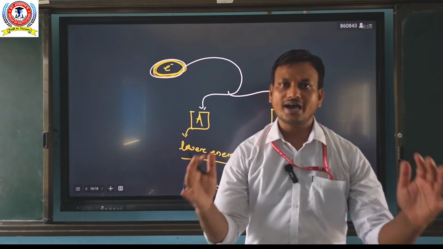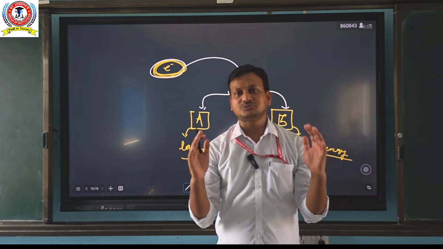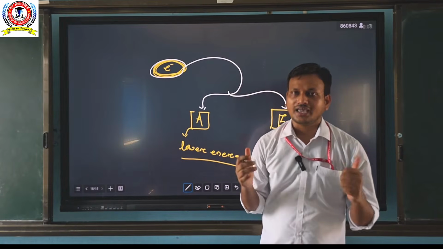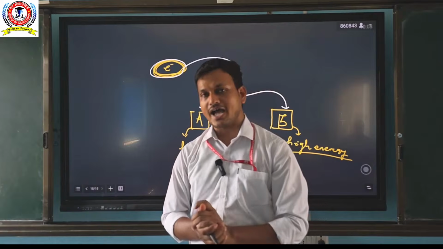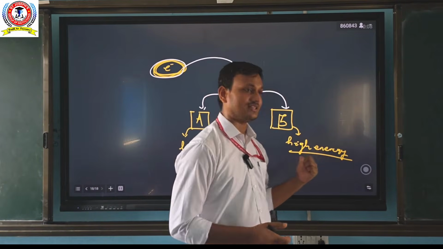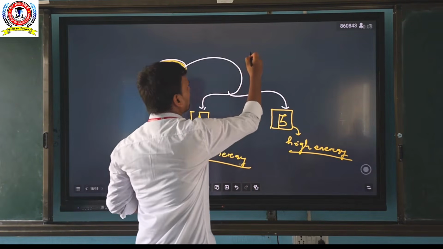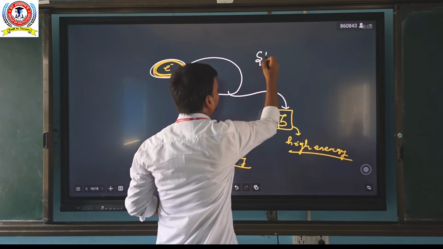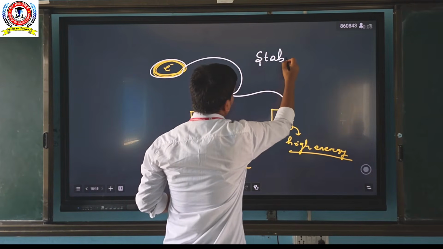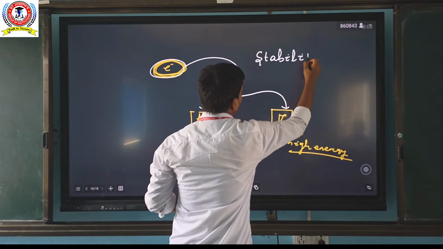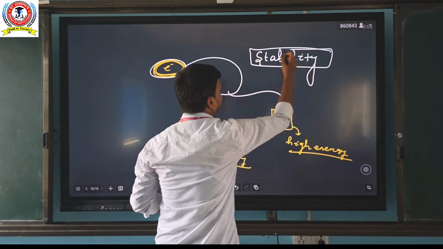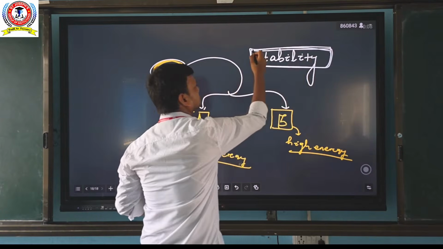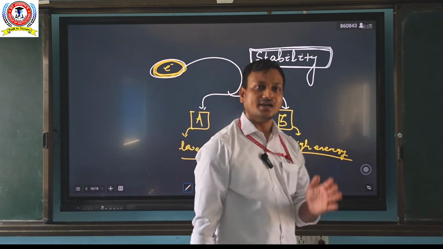One is A, another one is B. We know that A has lower energy as compared to B, and B has higher energy as compared to A. The most important point: everyone in chemistry wants to stay in stable form, or wants to gain stability.